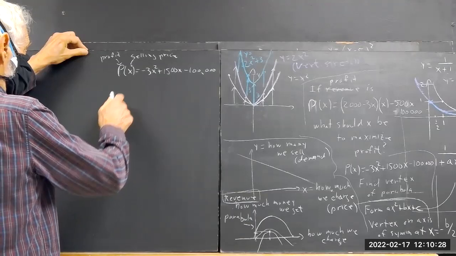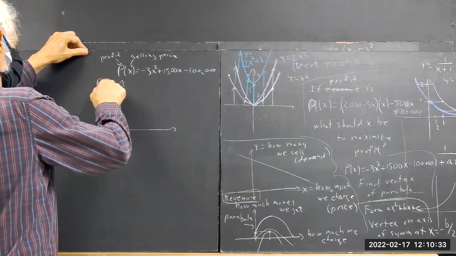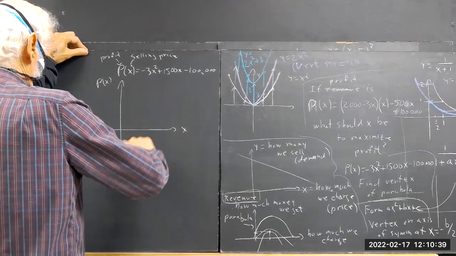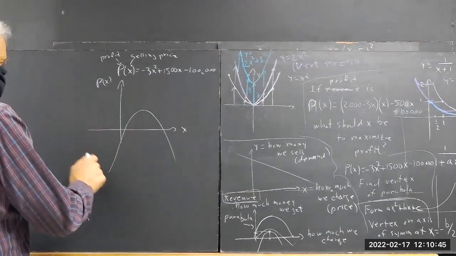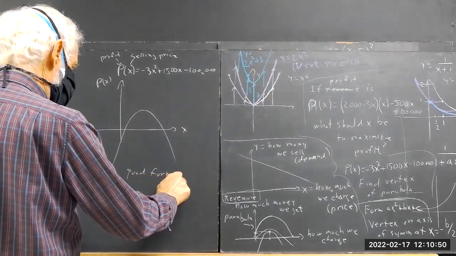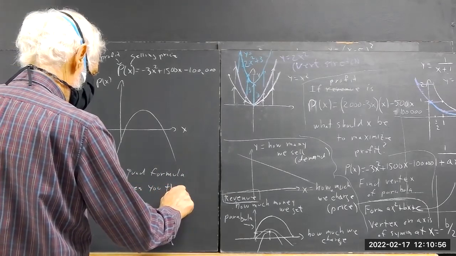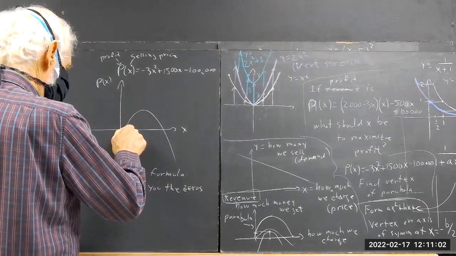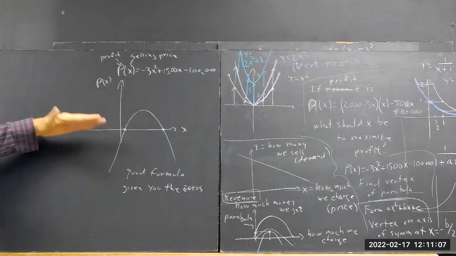So the graph of P of x versus x looks something like this. You can determine its zeros. The zeros are here and here. That is where the graph crosses the x-axis, which is where y is 0, right?